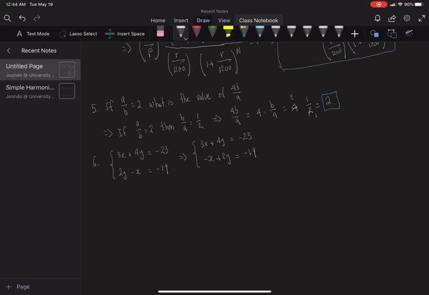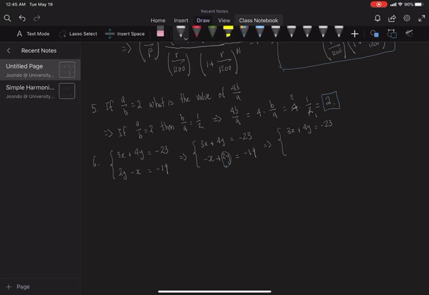Okay? So if I want to eliminate y, then this has to be 4y, right? Because after all, we want to subtract this out. So to get this 4y, we have to multiply by what? By 2 in the bottom. So we get 3x plus 4y is equal to negative 23, right?